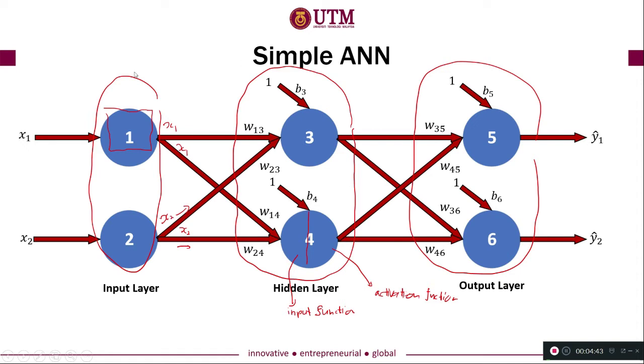Of course, during training you have X1, X2, Y1 and Y2. There's another question I would like to ask you. If this is a classifier, how many output classes can this simple artificial neural network provide?